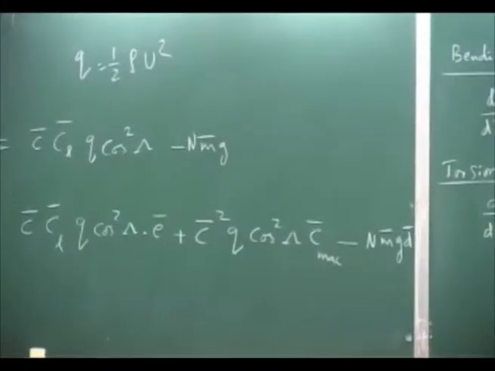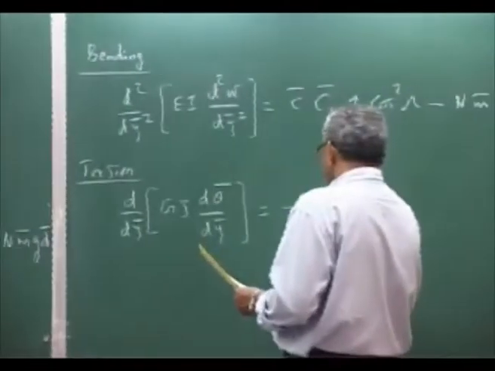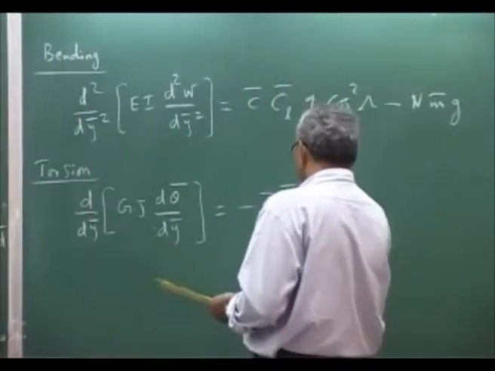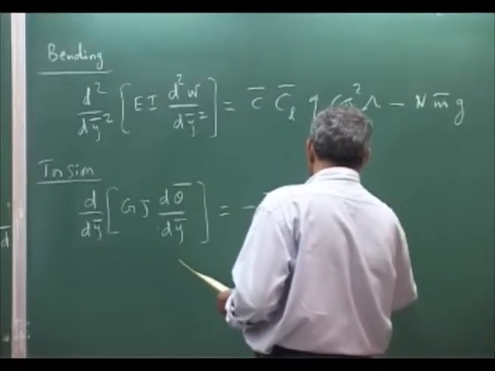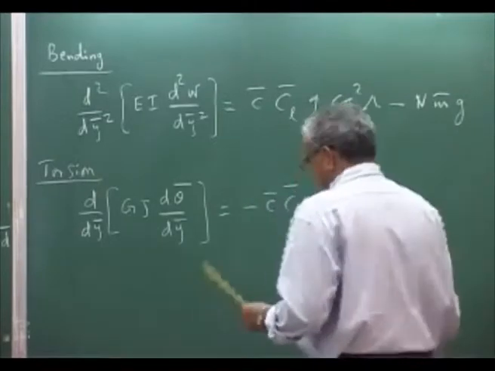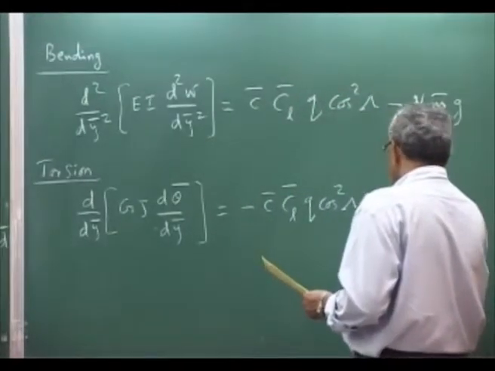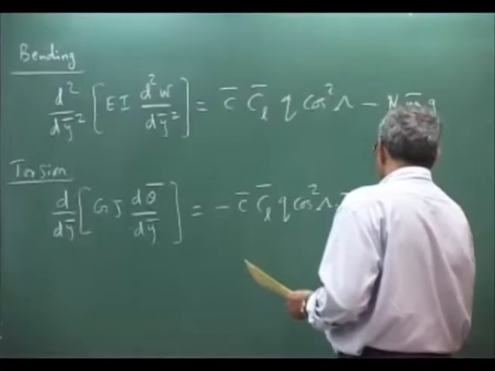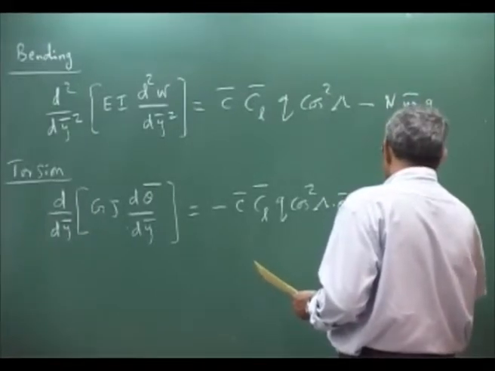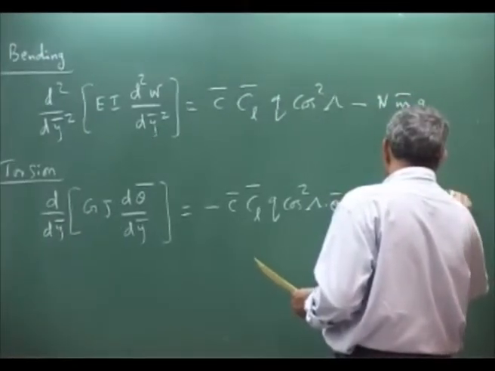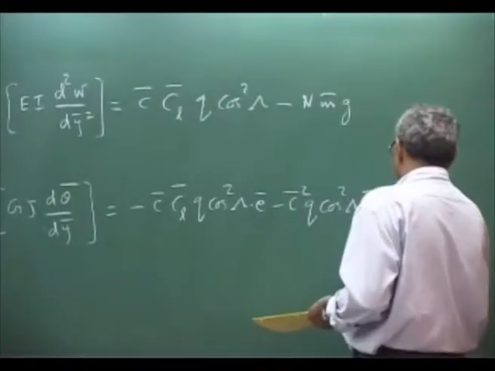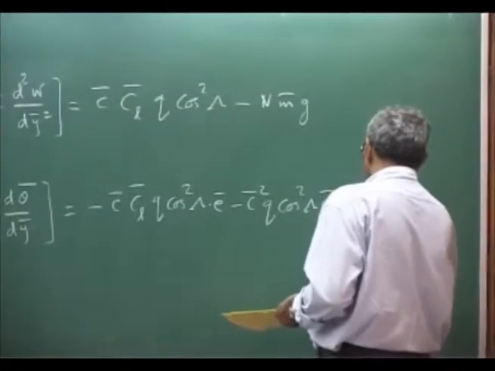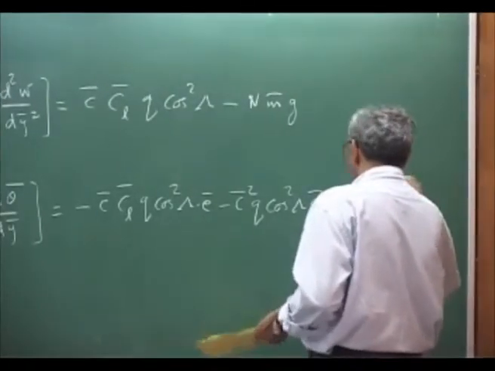So you will have minus c bar CL bar q cosine squared lambda into e bar minus c bar squared q cosine squared lambda c bar MAC plus n m bar g d bar.